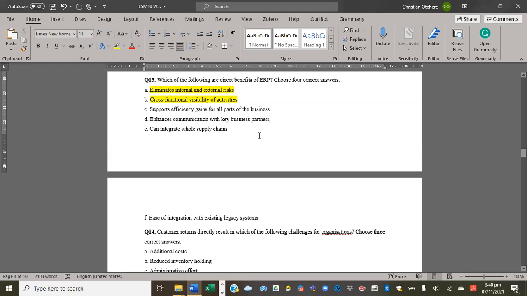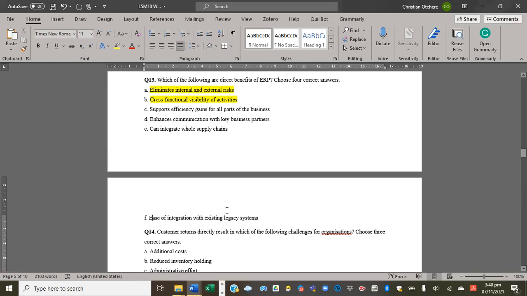So the 2. Choose 2 that do not apply. F is out. I think that would be better. F is out, eh? The support F is out automatically.